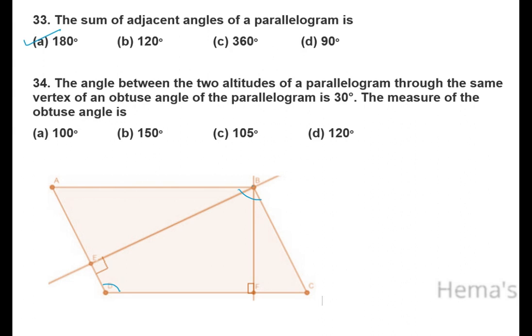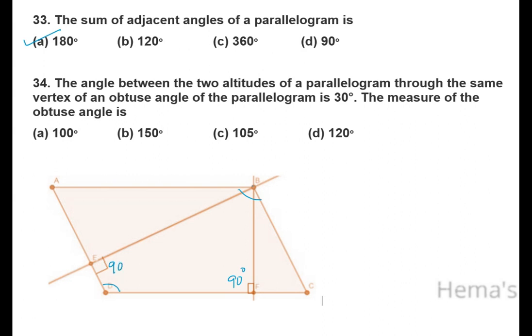So we want to find out the obtuse angle D and angle B. Since BF and BE are the altitudes, that means angle BED and angle BFD are 90-degree angles, right?